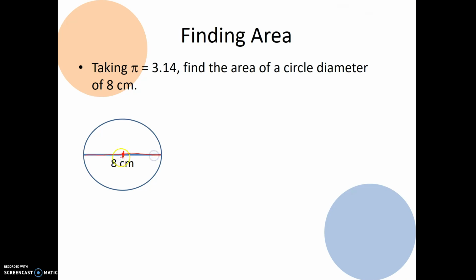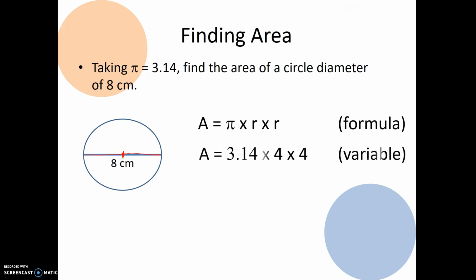It's 8 centimeters, and so we just know radius is half of diameter, so we can just take half of it and use that for our radius. So let's write our formula, and now let's fill in our values. So area equals 3.14 times 4 times 4, and then we'll solve, and area equals 50.24 centimeters squared. Okay, at this point, I'd like you to pause the video and work all of the rest of the problems, and then come back and check your answers.